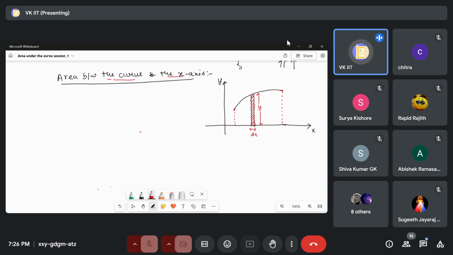Now you can see that if I move this strip from x equal to a to x equal to b, it will cover the total area. Yes or no? It will cover the total area, right? So therefore, we are going to do the same thing.